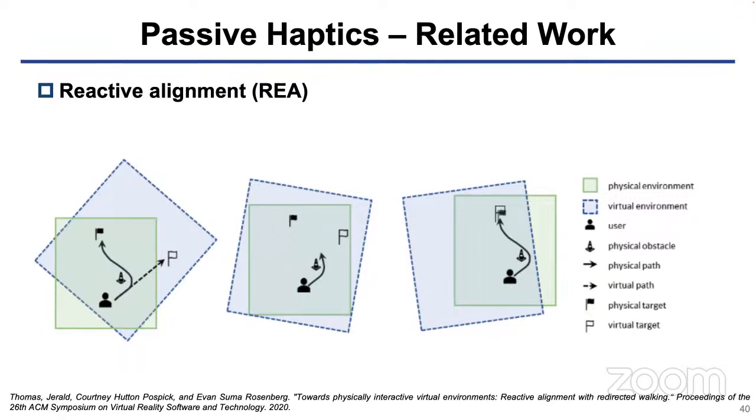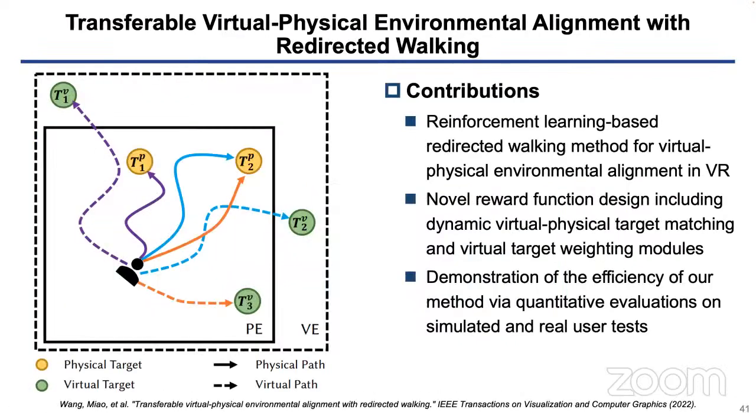Our contribution on this problem is to propose transferable virtual and physical alignments. If there is more than one point in the physical space and more than one point in the virtual space, we can allow the target positions to change.